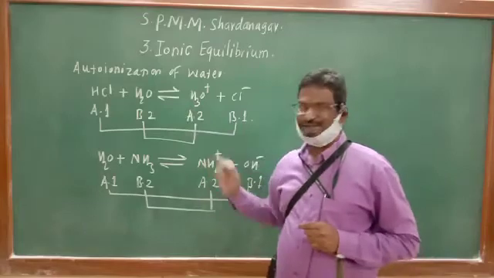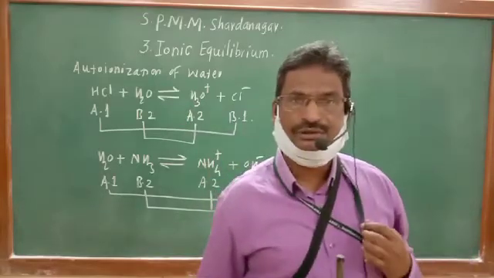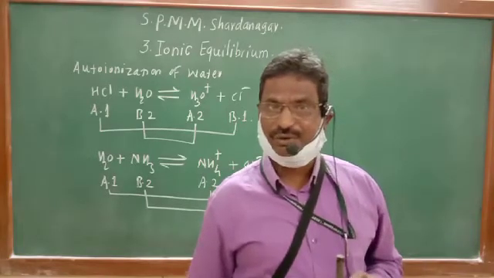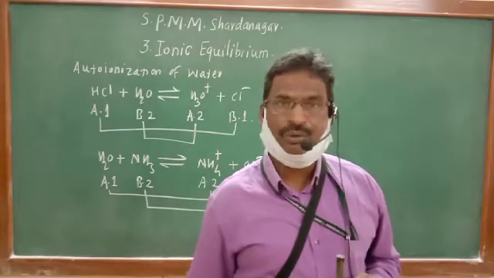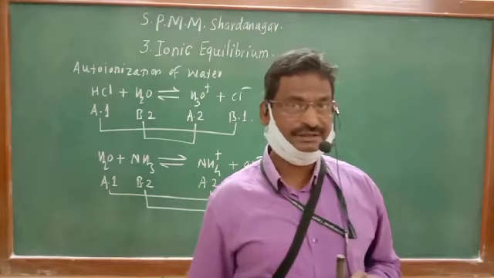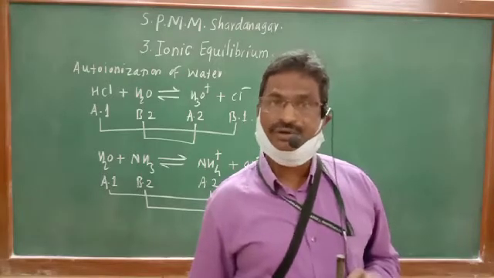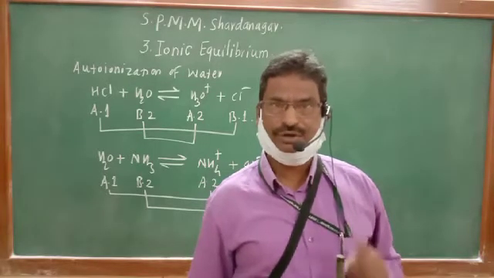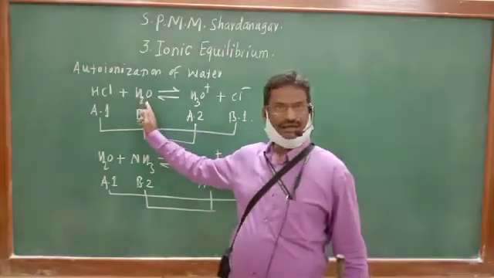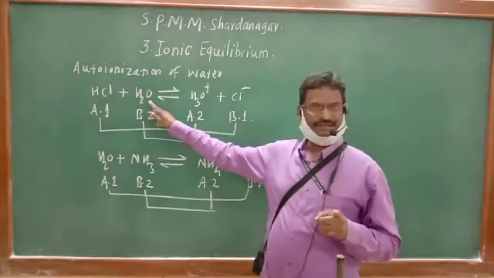From these two reactions, one term we have used for water. What is that term? Water is an amphoteric substance. Water has a dual nature. It is amphoteric because whenever water reacts with acid, it acts as base.